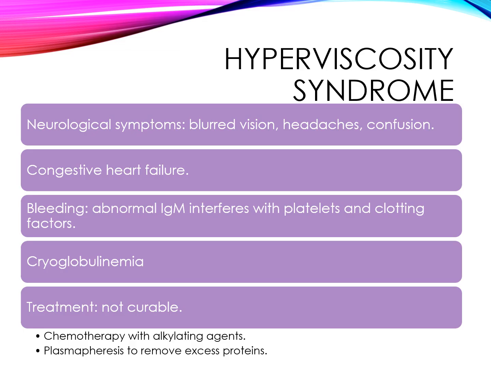But if you have blockages, because you've got these huge amounts of circulating immunoglobulins, I could see that being problematic. It might block proper blood flow to some of the areas in your central nervous system, which could be why we have those neurologic symptoms such as blurred vision, headaches, and confusion.